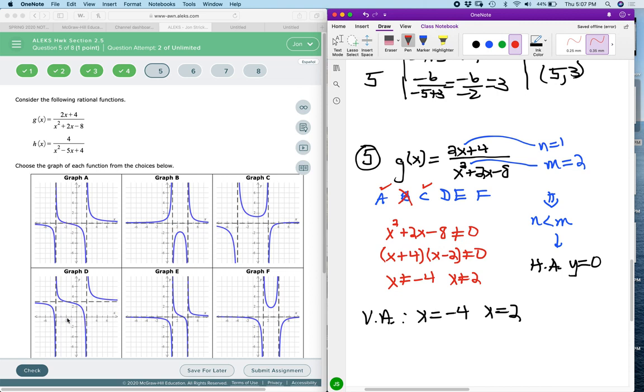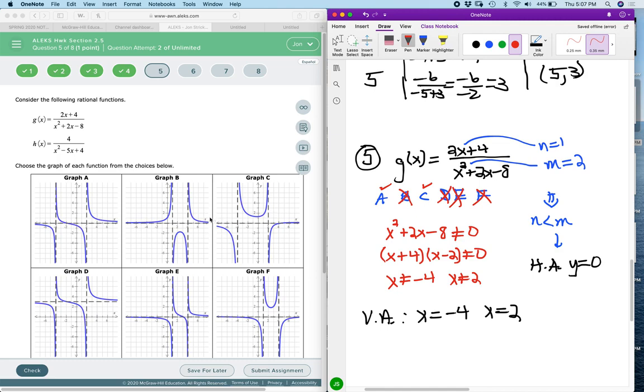For D, we had the same vertical asymptotes, but we don't have the horizontal asymptote at y = 0. E doesn't have the perfect match, and in terms of all three asymptotes, F also misses the mark. So the possibilities come down to A or C.